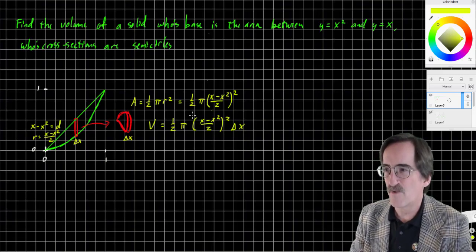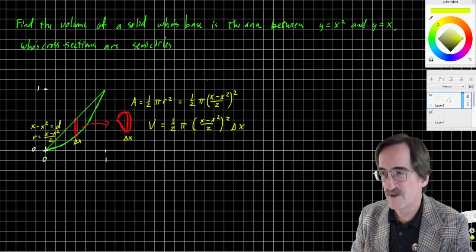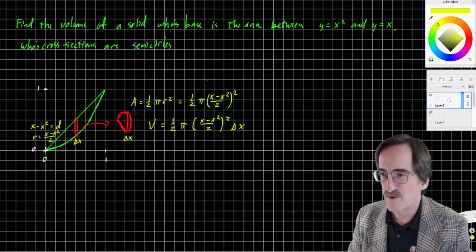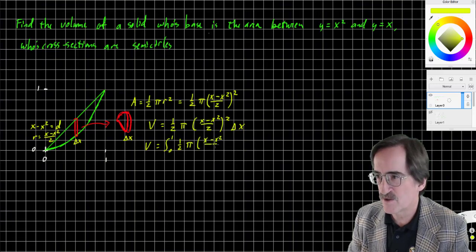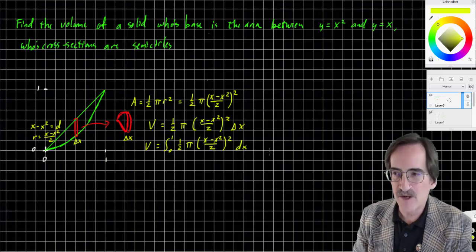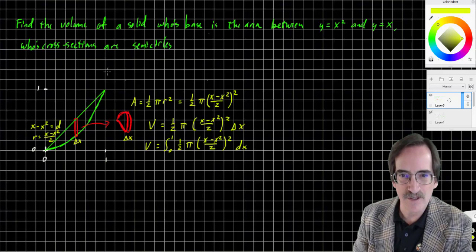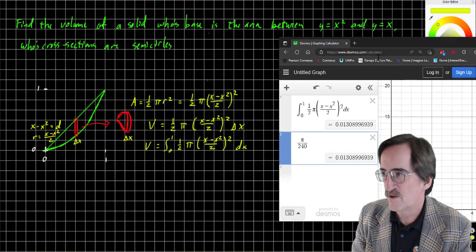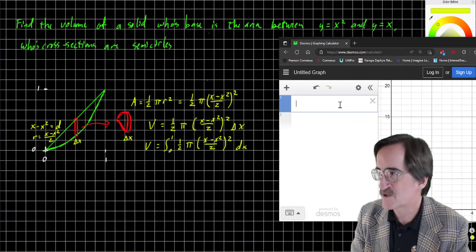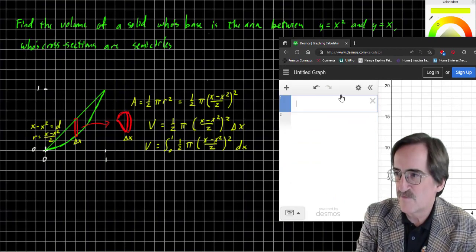Okay, and now we recognize this as a Riemann sum. And so the total volume is the integral from 0 to 1 of 1/2 pi times (x minus x squared divided by 2) squared dx. Now, as a definite integral, I can evaluate this numerically using my calculator. You can use your numerical integration function in your TI-84 or in Desmos.